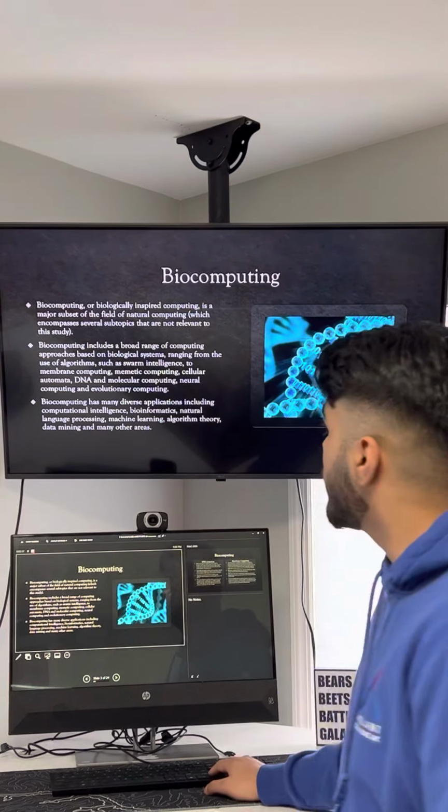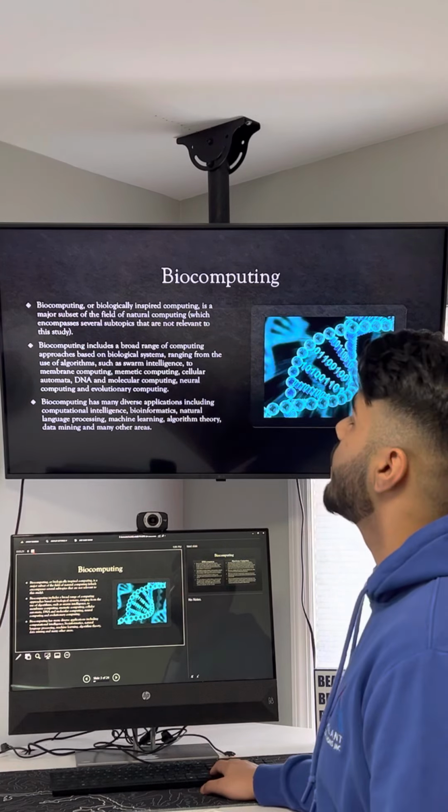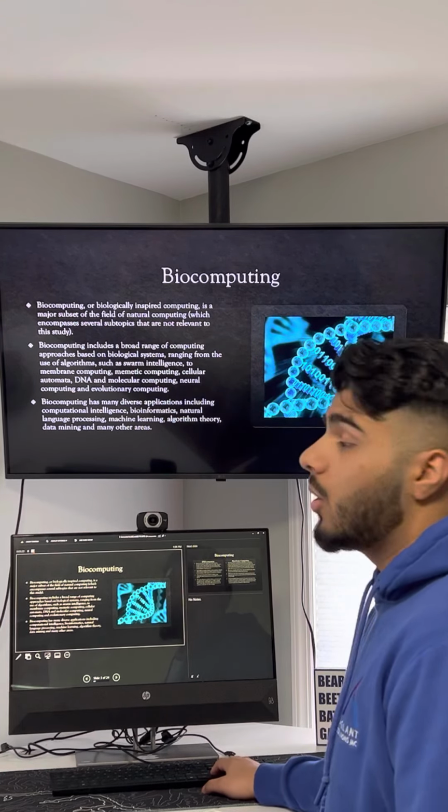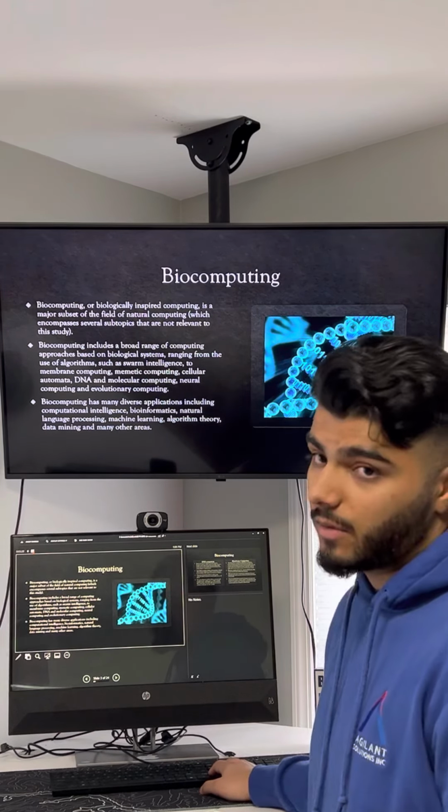Alright, so biocomputing, or biologically inspired computing, is a major subset of the field of natural computing, which encompasses several subtopics that are not relevant to the study.